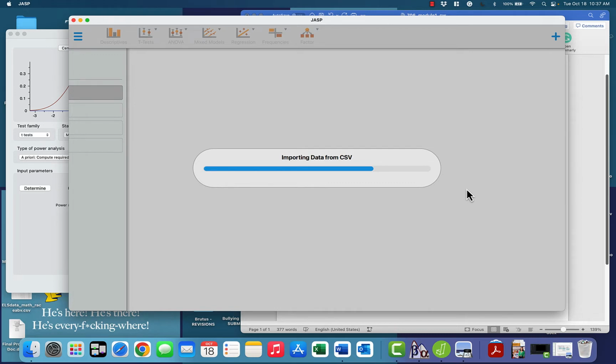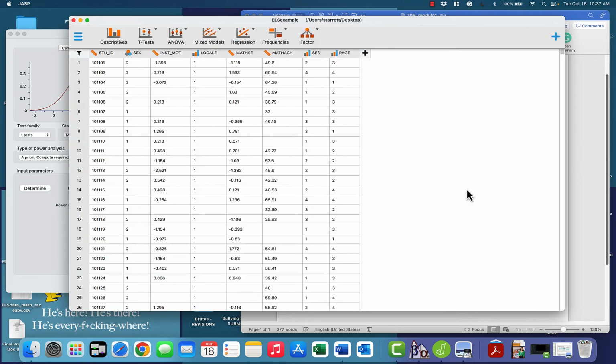This is from the Educational Longitudinal Study, and it's high schoolers. And so here we've got student ID, sex. This is an instrumental motivation, like interest and utility. Geographic locale, so this is going to go from 1 urban, 2 suburban, 3 rural.